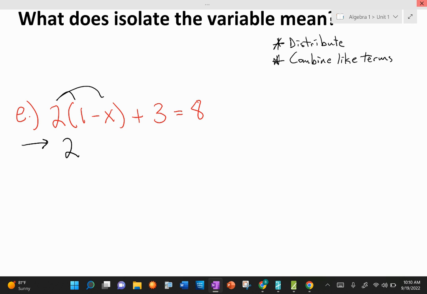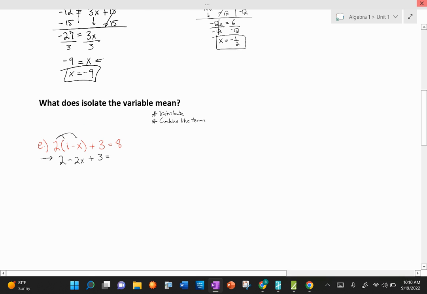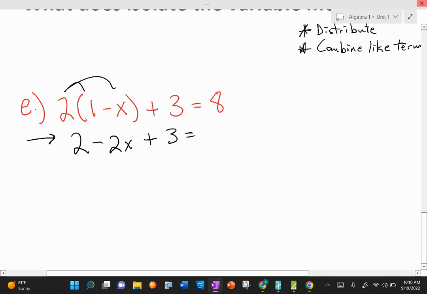Okay, 2 times negative x will give us negative 2x, plus 3 equals 8. Okay. 2 minus 2x plus 3 equals 8.